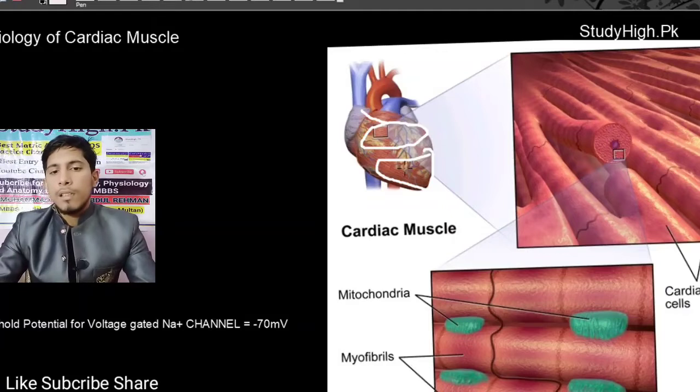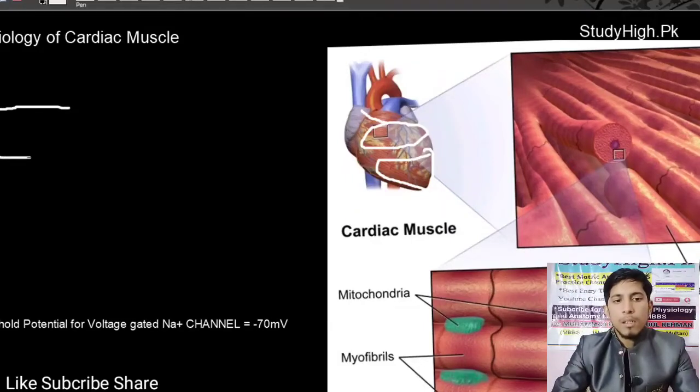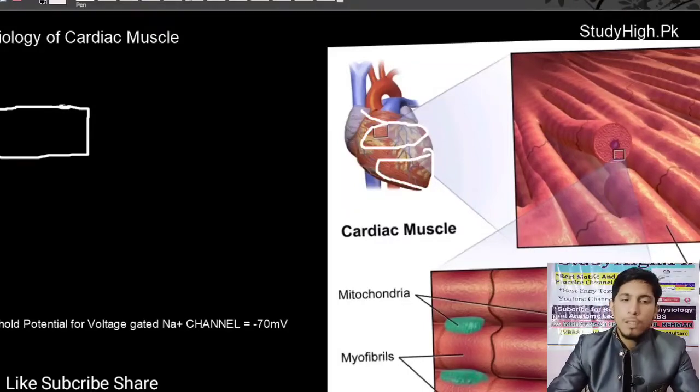To understand the role of cardiac syncytium and intercalated discs, you must understand how action potential is generated in a normal cell. Just consider this is a normal cell of cardiac muscle. When action potential is generated in this cell, what will be the situation of this cell?